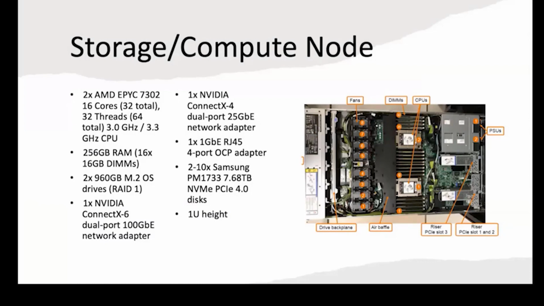The reason for having the 2 adapter cards is to separate the storage traffic from the application traffic. The storage traffic travels on the 100 gigabit network and the application traffic on the 25 gigabit network. There's also an OCP adapter for connecting up to the management network as well. And the drives that are used are Samsung NVMe drives, 7.68 terabytes in size.